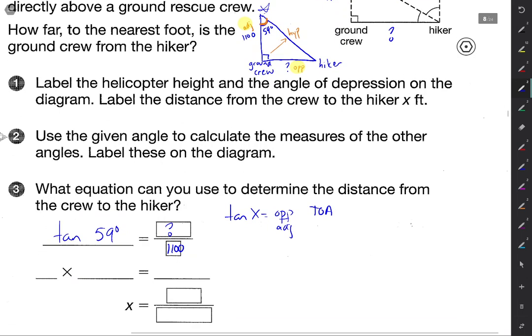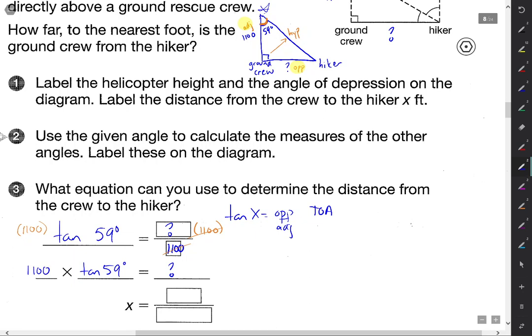So we're going to multiply both sides of the equal sign by 1,100, because that's going to cancel it out down there and leave that question mark all on its own. But whatever we do to one side of the equal sign, we have to do to the other. So I'm definitely going to multiply the other side by 1,100 as well. Then we have 1,100 times the tan of 59 is equal to the opposite side, that question mark.